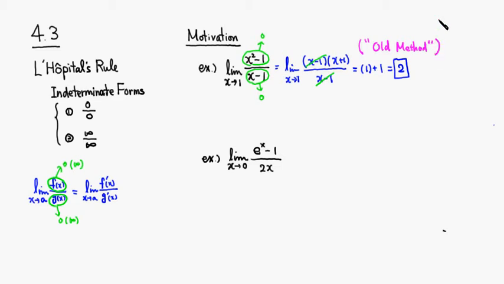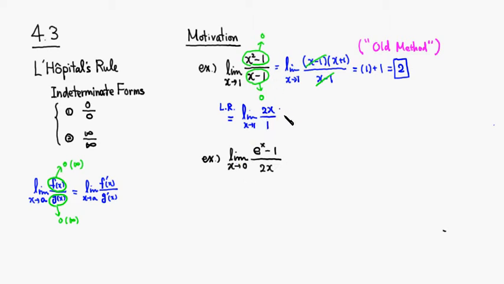The new method is, when you have 0 over 0, we can actually take the derivative. Here, using L'Hopital's rule, we take the derivative of the numerator. The derivative of the top is going to be 2x, and the derivative of the bottom is just 1.